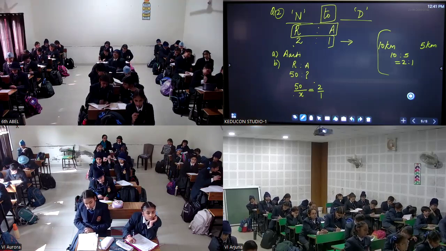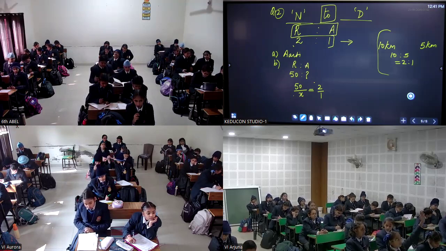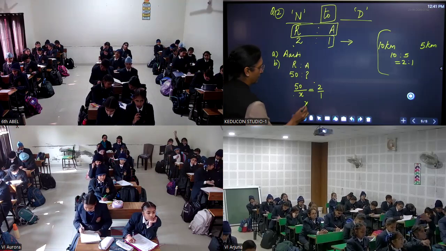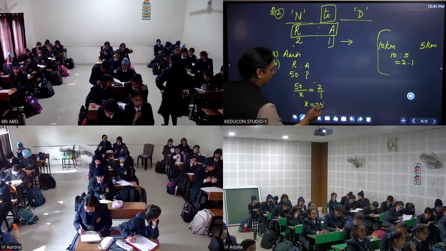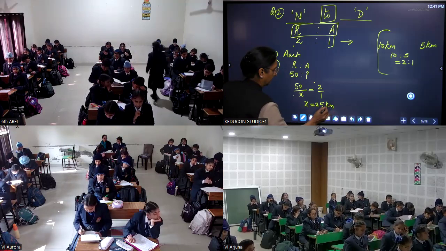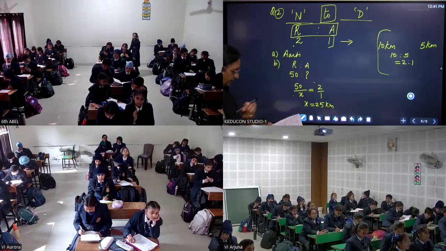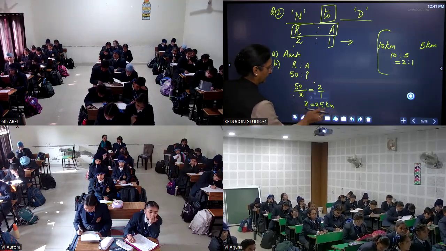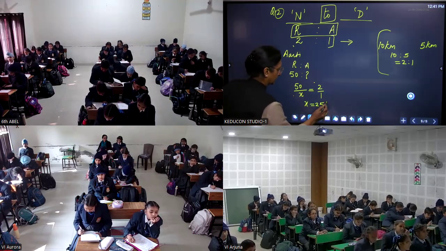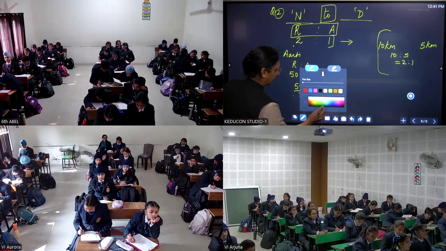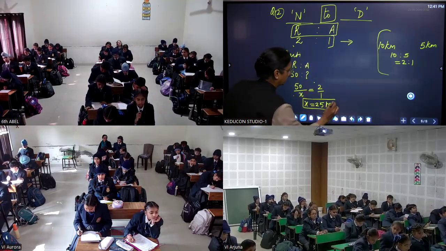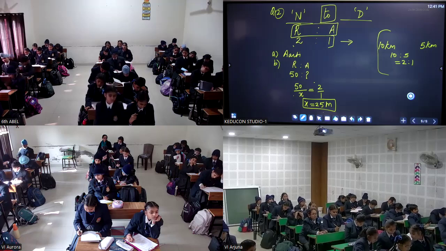From here you found that x is coming out to be 25. Raman's distance is given in meters, so you also write in meters. Because there is no MCQ, you have to write perfectly with the unit and all. So Aarti's distance is coming out to be 25 meters.